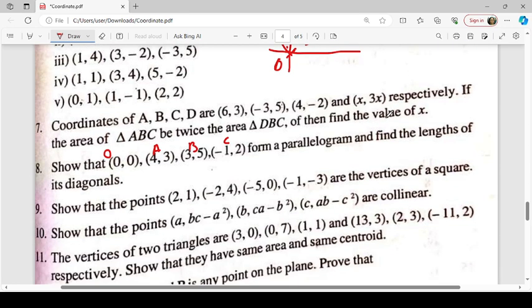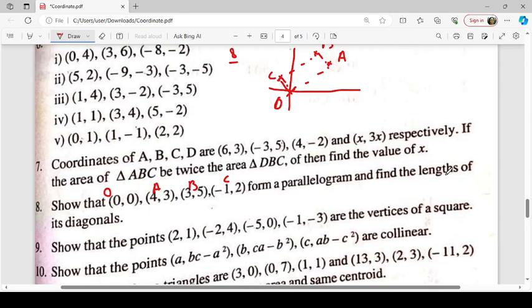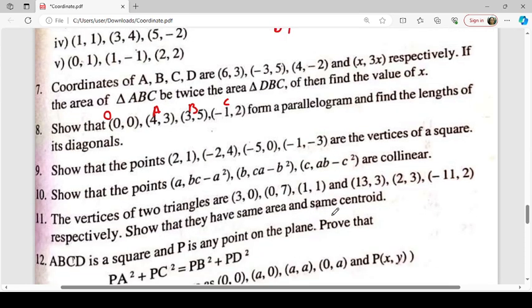So this is the way to do this. Next, these points are vertices of a square. Same procedure, we plot the points, then all sides are equal, and diagonals are also equal, otherwise it may be a rhombus. So this is the way to do these things.